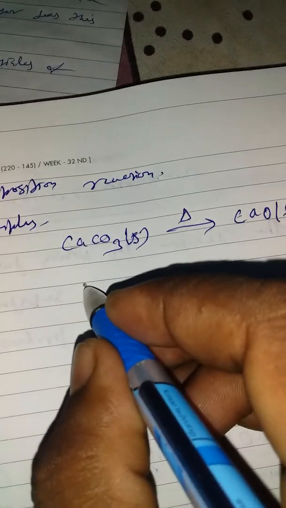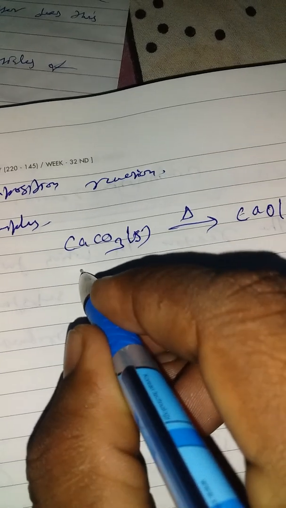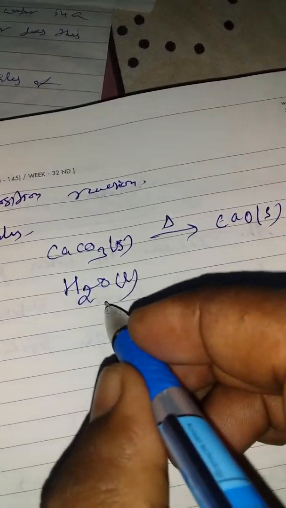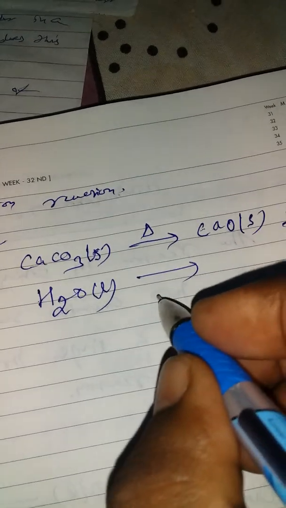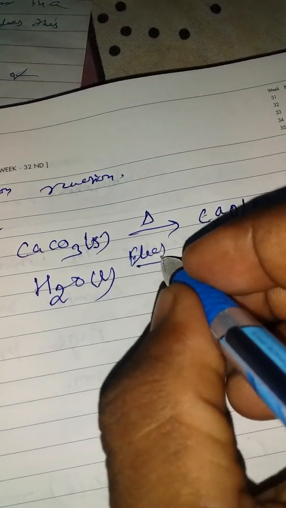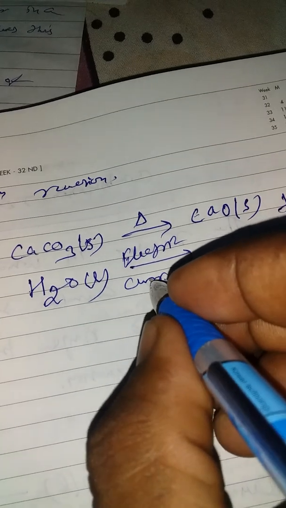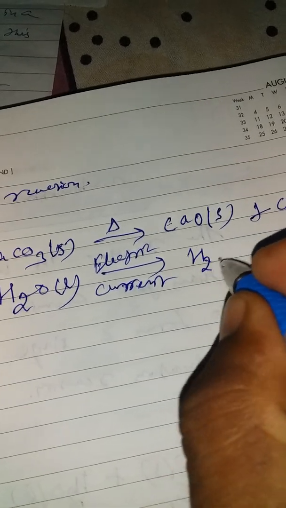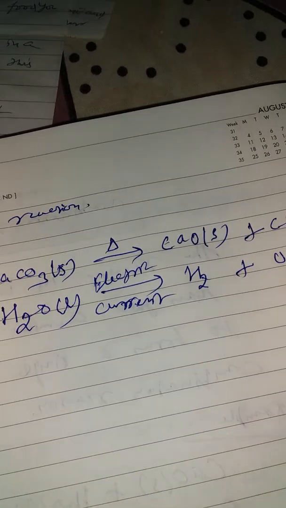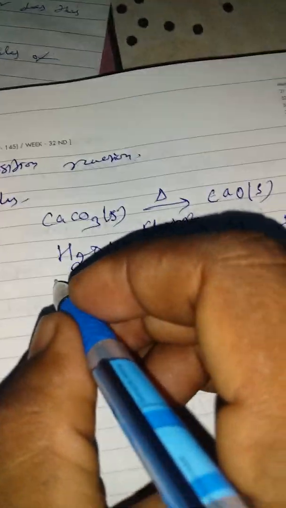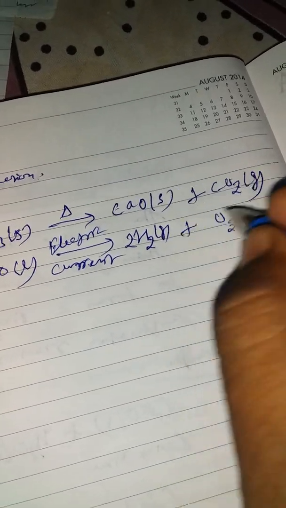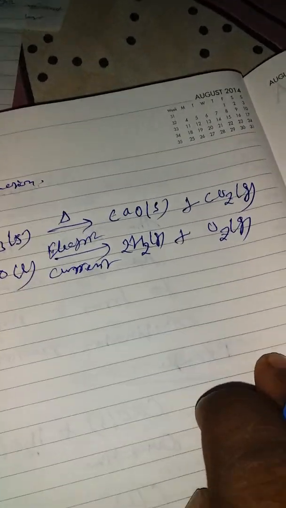When electrolysis of water, H2O in the form of liquid, in the presence of electric current, it decomposes into hydrogen plus oxygen. We have to balance this chemical equation: 2H2O gives 2H2, H2 in the form of gas, and oxygen in the form of gas.